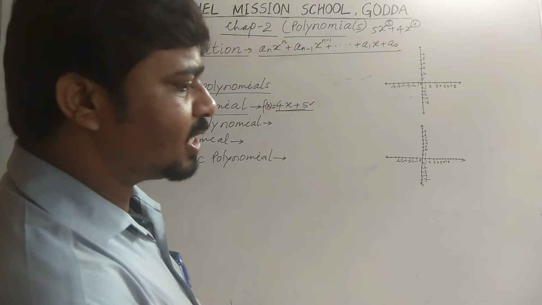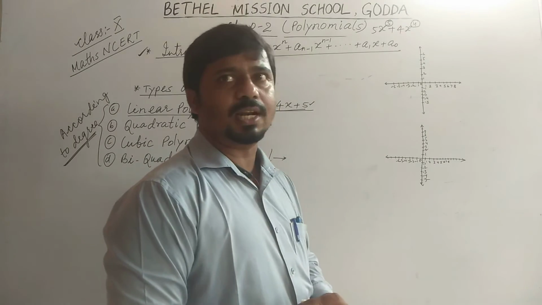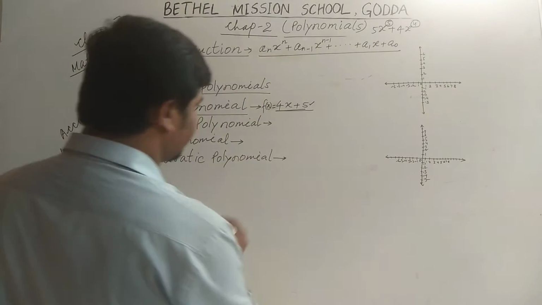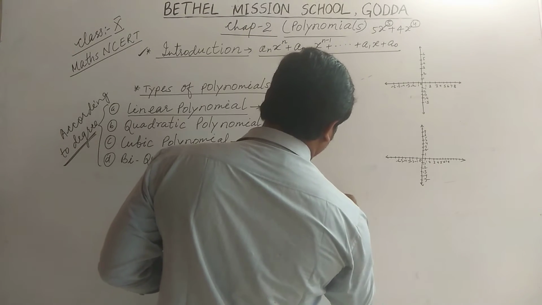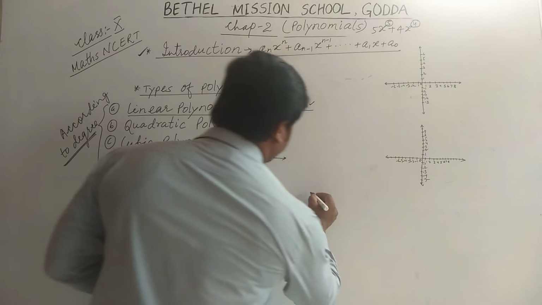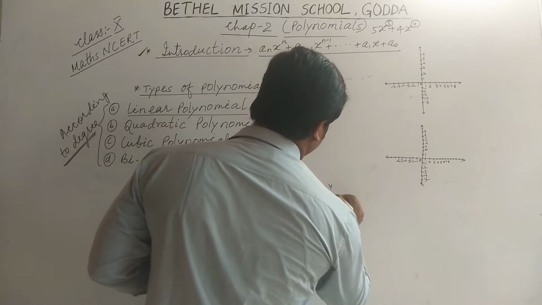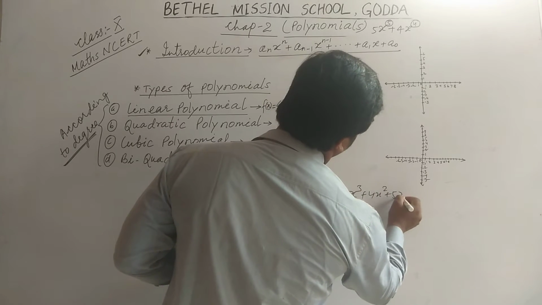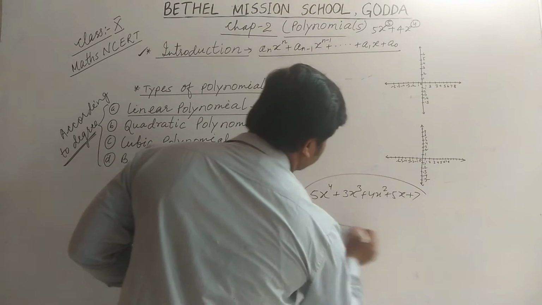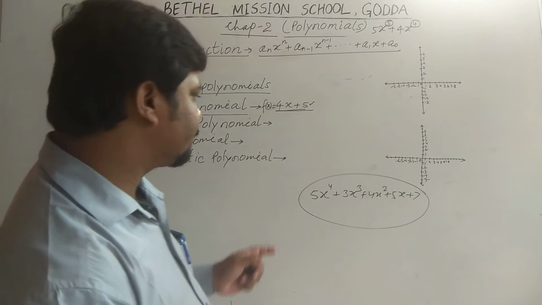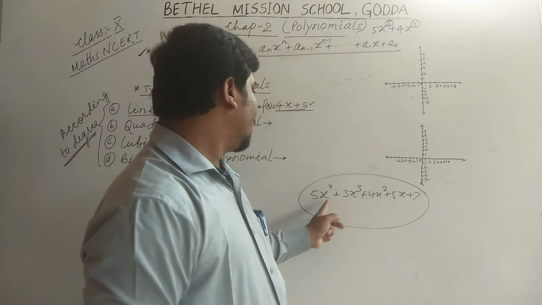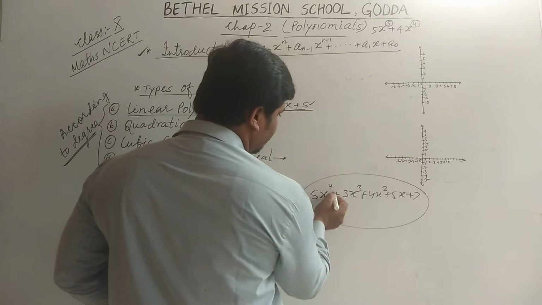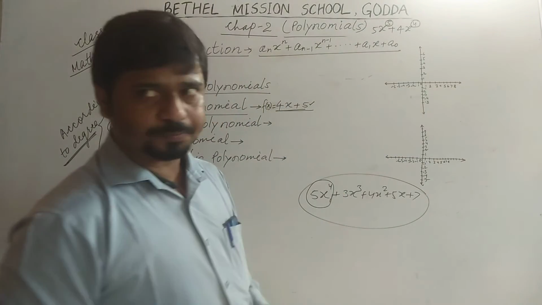And you know what the degree of a polynomial is; already we have discussed it in class 9. If you want to recall, see, suppose a polynomial is 5x^4 + 3x^3 + 4x^2 + 5x + 7. You can see this is a polynomial with 5 terms, and this term is with the highest power.